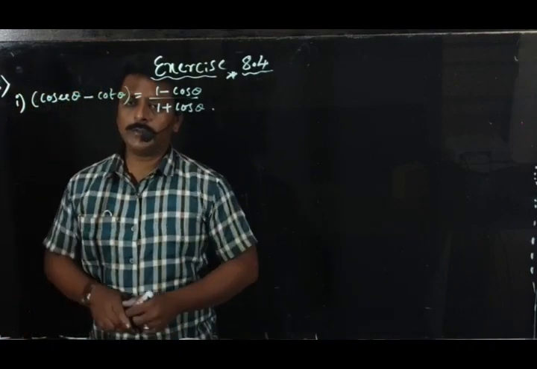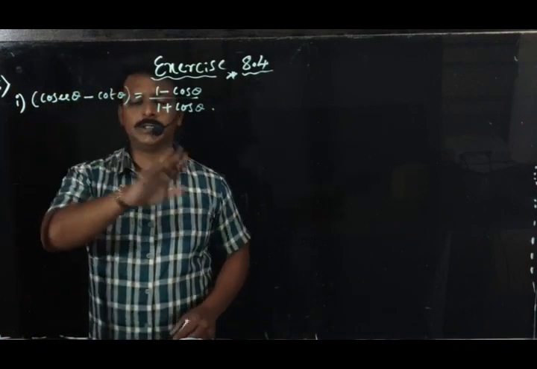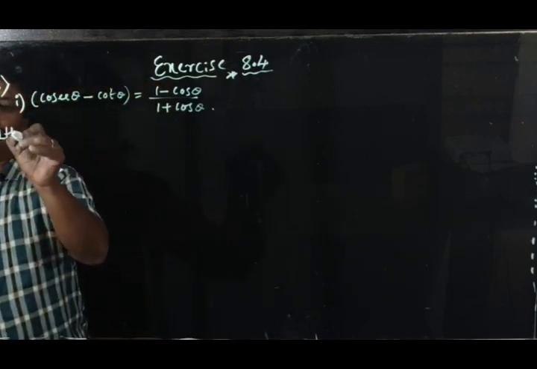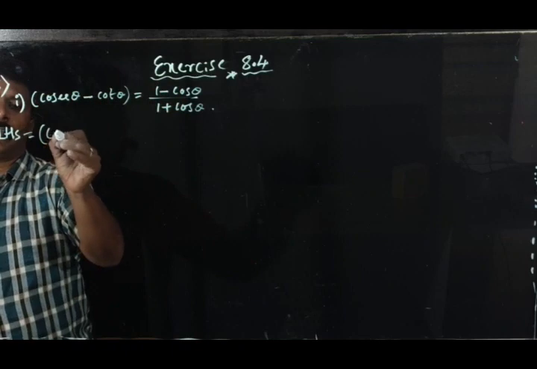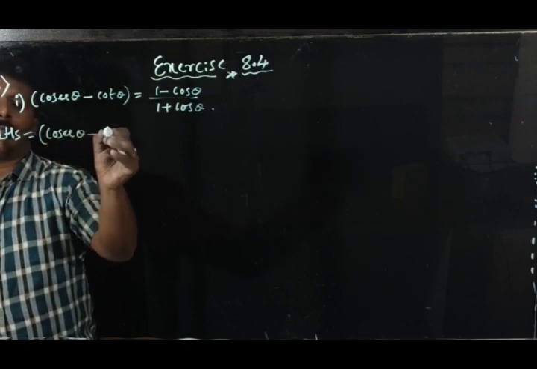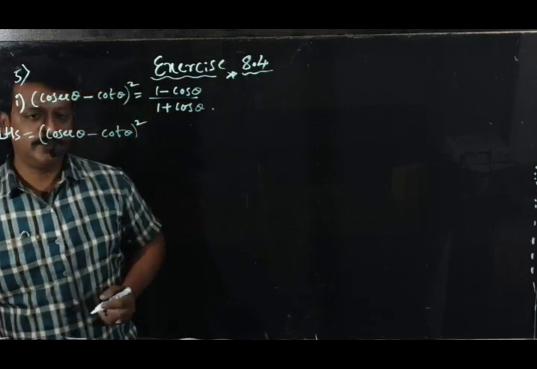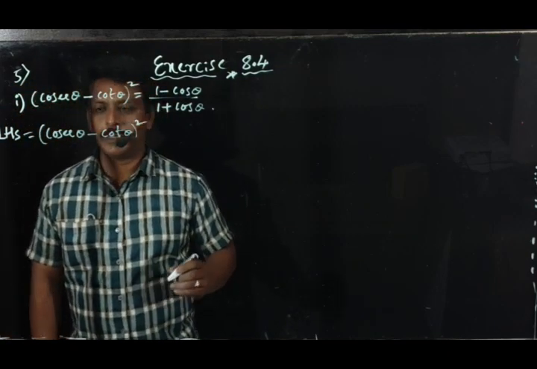So here also they said prove that LHS equals RHS, so I am going to start with LHS only. LHS is cosec theta minus cot theta, whole bracket square.